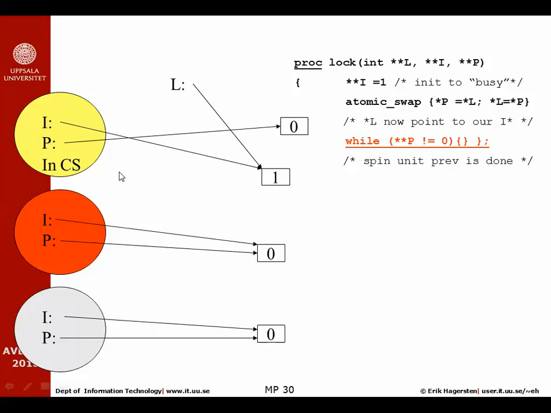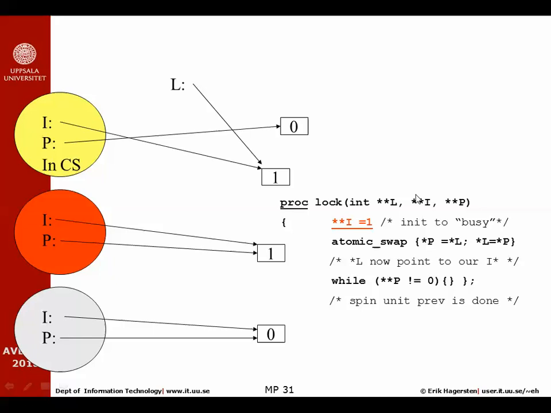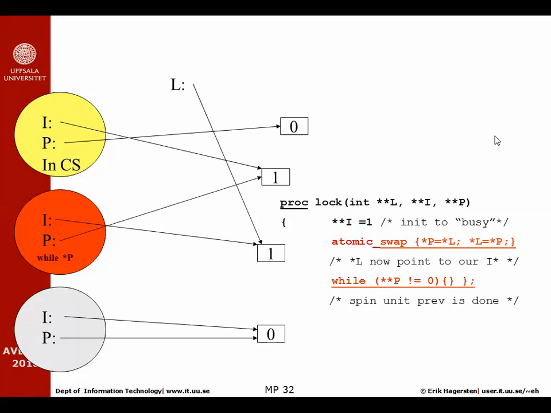While it's in the critical section, the red thread wants to get into the lock. So it will perform the same operations using its data structures. It will set its magic memory location to 1, do an atomic swap, and then keep waiting while whatever P is pointing to is not equal to 0. Well, that's bad news. The lock is busy now, so it will keep spinning there.